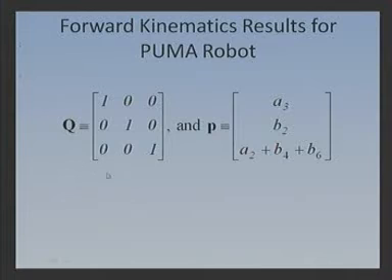Let us try to understand it a little bit physically, because only mathematics is not good. We must be able to correlate with the physics of the mathematics. So, the Q which I have calculated, you can try yourself also by hand.